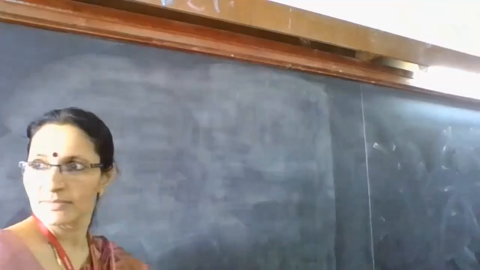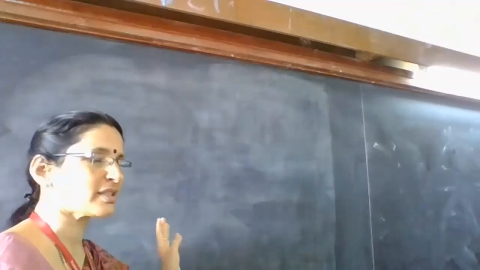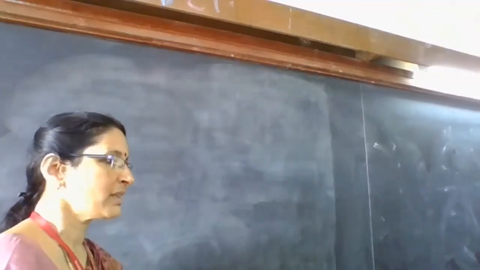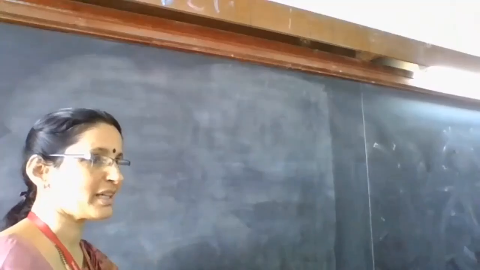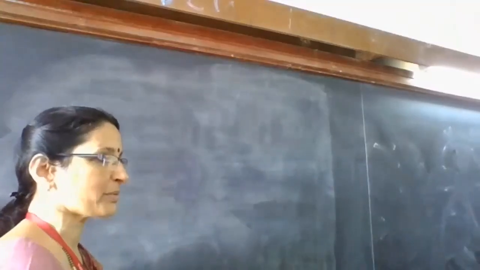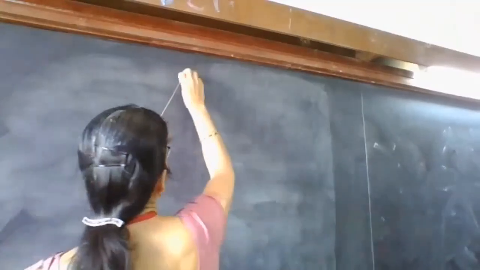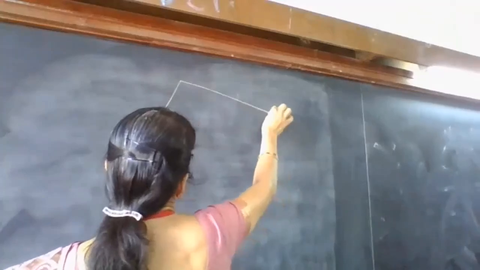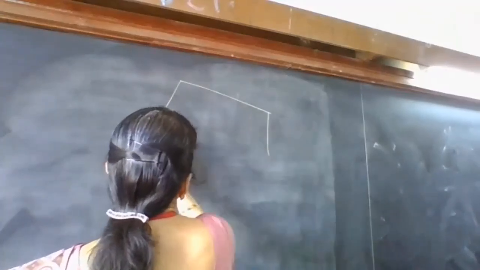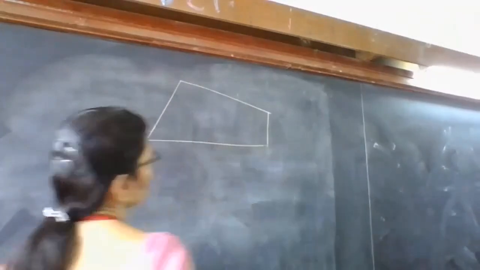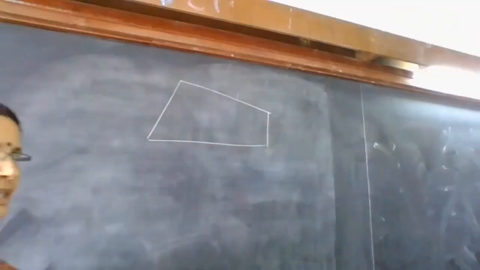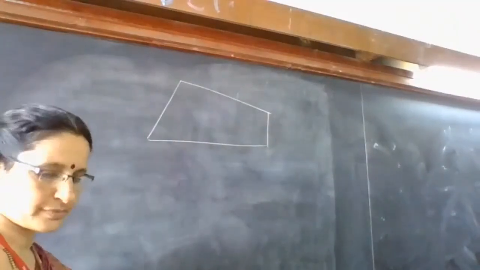Ma'am, I always have confusion between the rhombus area, the trapezium area and this quadrilateral area. What should I do? It is a random quadrilateral. So draw any random quadrilateral. It shouldn't look like a trapezium or parallelogram. It's random.